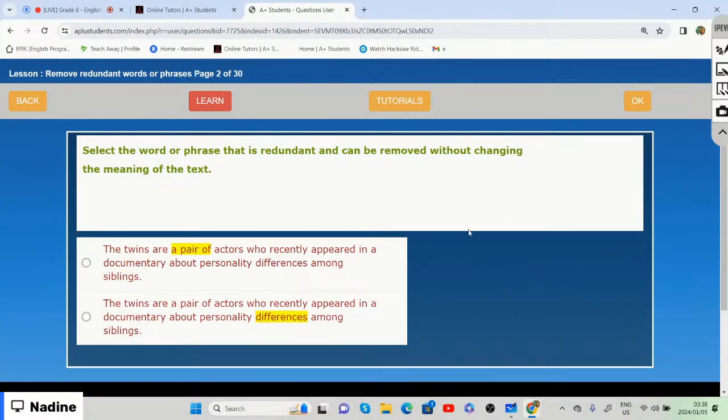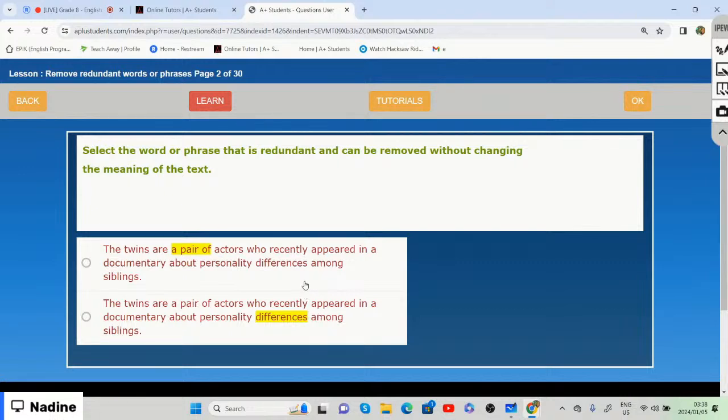We need to select the word or phrase that is redundant and can be removed without changing the meaning of a text. The twins are a pair of actors who recently appeared in a documentary about personality differences among siblings. The two sentences are basically the same, but now the highlighted word, the word that is redundant or repeating, is it a pair of or is it differences?